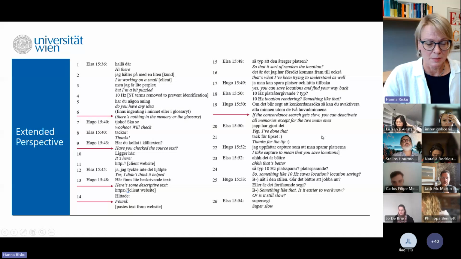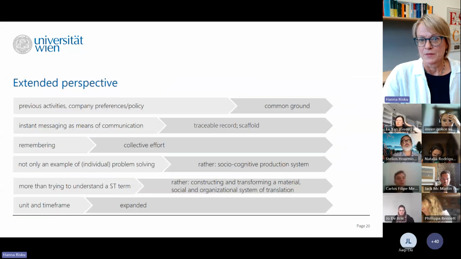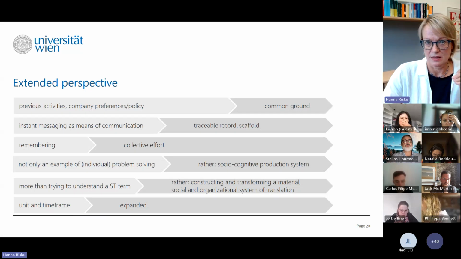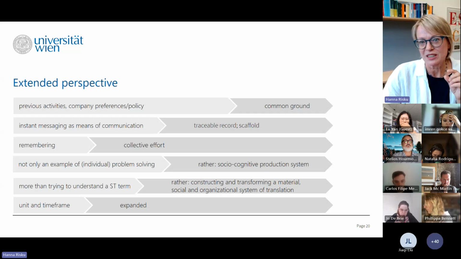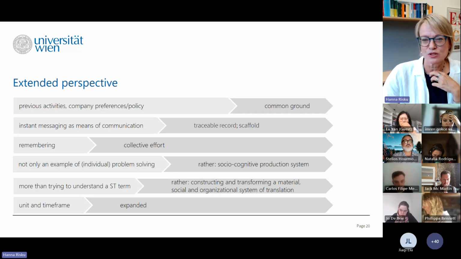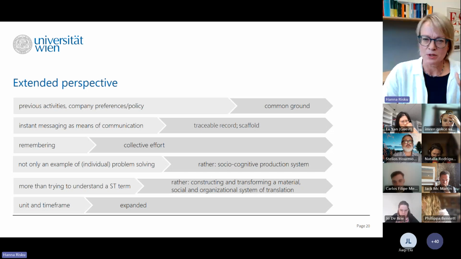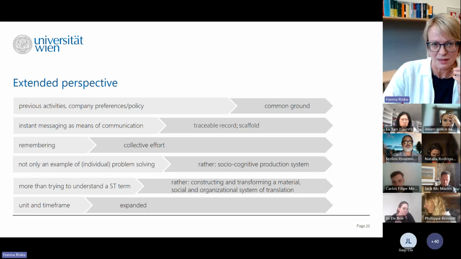And also some elements in this interaction are indicative of previous activities of a similar kind. Terms such as minnet, the memory, glossary, the glossary, and konkordanssöka, do a concordance search, are used in a way that suggests previous usage and common ground, kind of the existence of a certain company preference and policy, implicitly or explicitly.